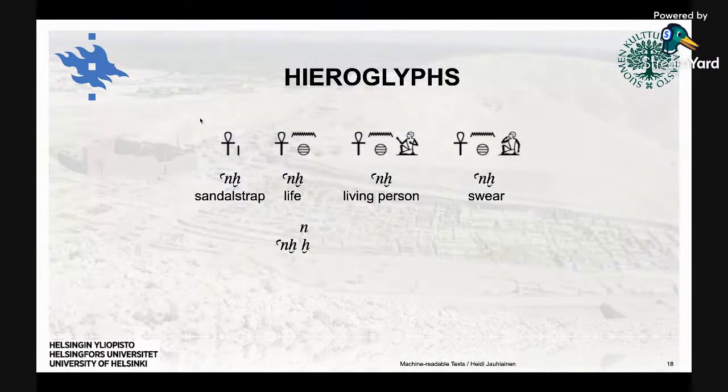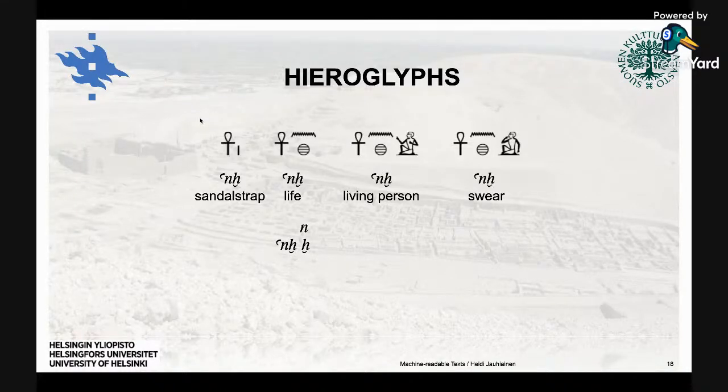Now, hieroglyphs have different functions, and one sign can have different functions in different contexts. Sometimes a sign can be used to denote what it depicts. Like here, on the left, the sandal strap can be used to denote the word sandal strap.